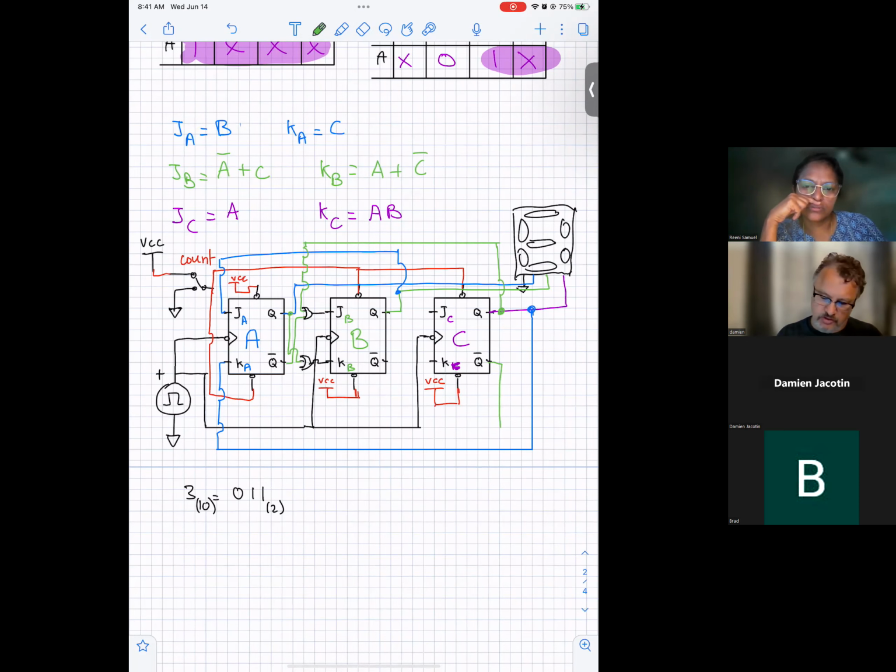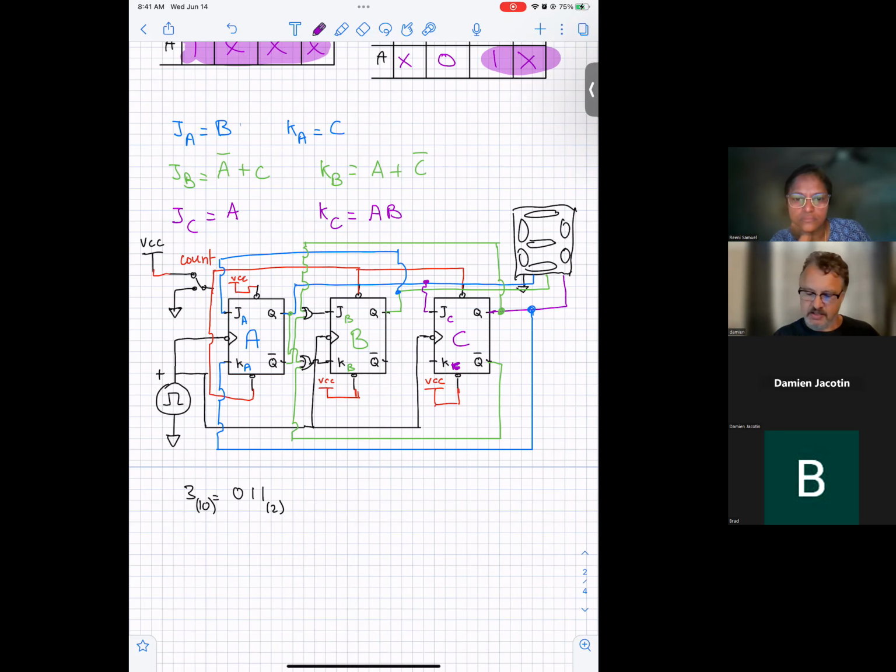C naught is going to be down there. There you go. And for the flip-flop C, JC is connected to A. So my A is up here. So I'm just going to connect it to A right here for JC.